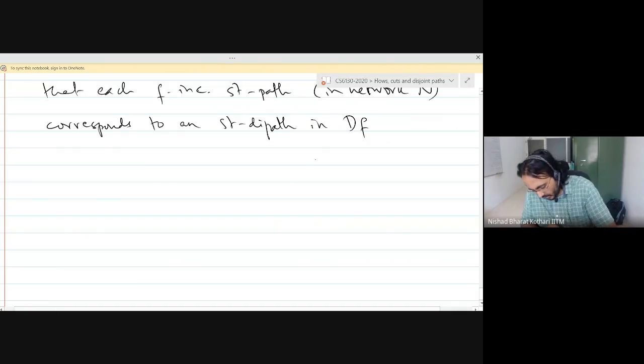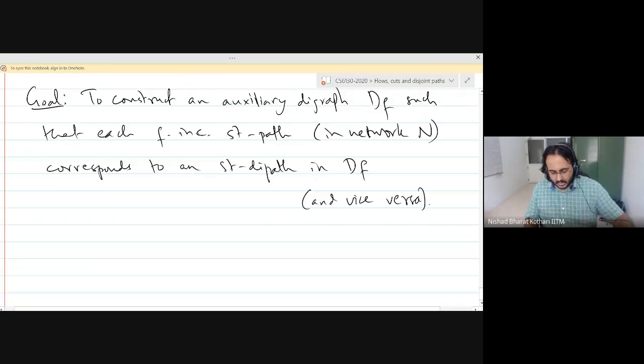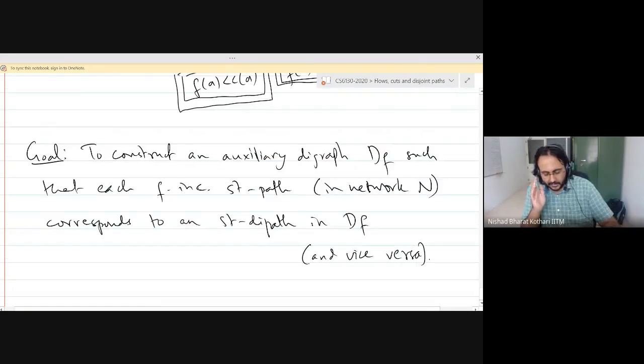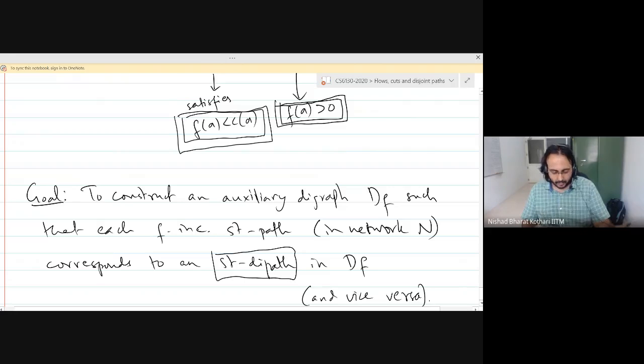and vice versa. So this is our goal, right? What we want to do is, rather than finding an f incrementing st path, we want to reduce the problem to finding an st dipath in a directed graph. And that can be done by breadth first or depth first search. So that is easy. You should already know this from a basic graph theory or algorithms course.